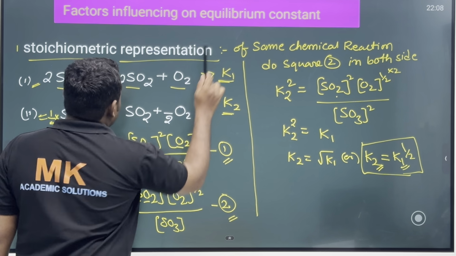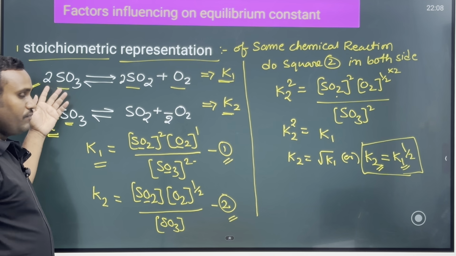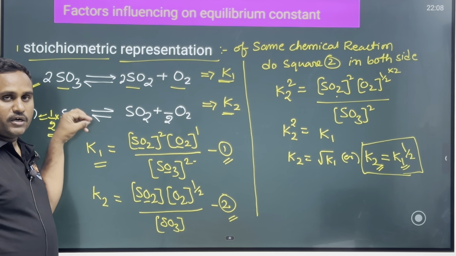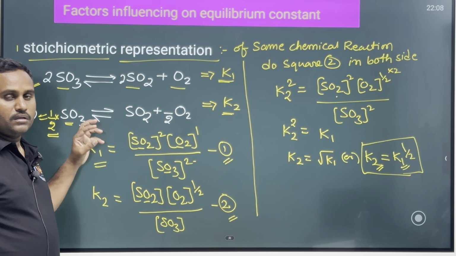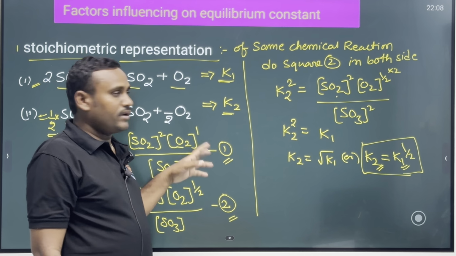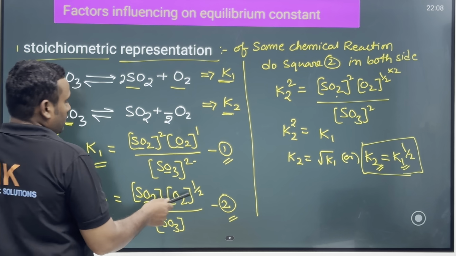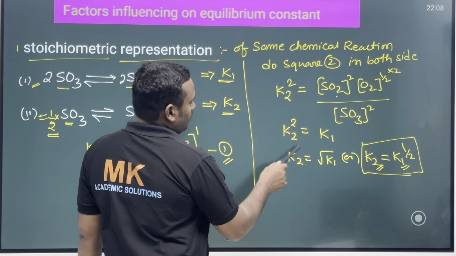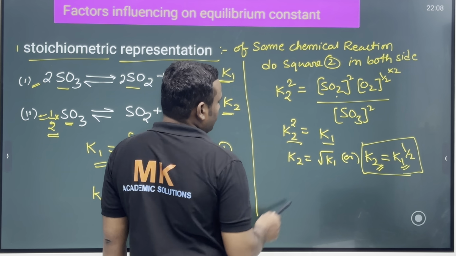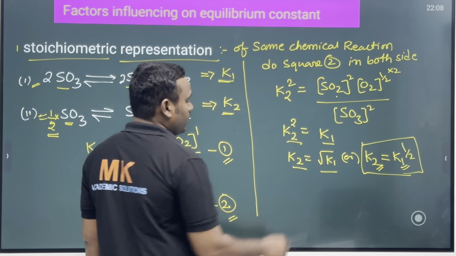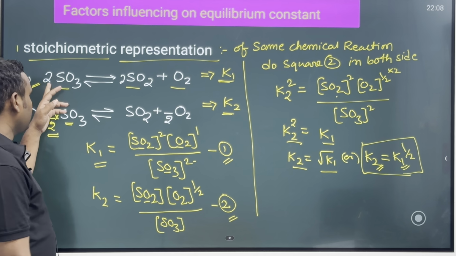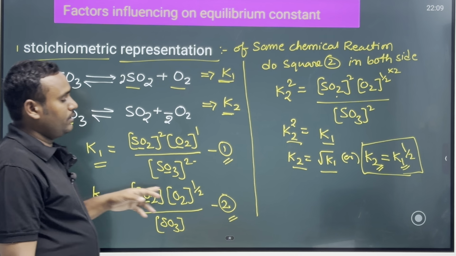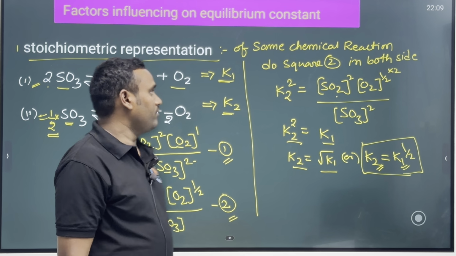Stoichiometric coefficients. Means if any chemical reaction is multiplied with a small number, that number will go to the numerator. Simply here, K2 is equal to root over K1, means this reaction is multiplied with 1 by 2. That's why here root over K1 we got.